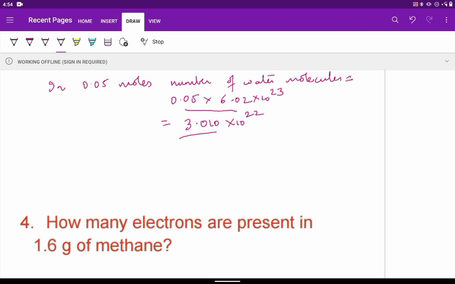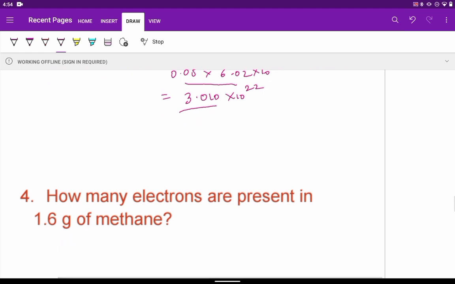In one molecule of water, there is one oxygen atom.